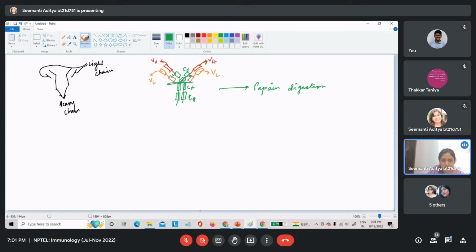So you are going to get a cleaved bond, and you will have two FAB fragments and one FC fragment.